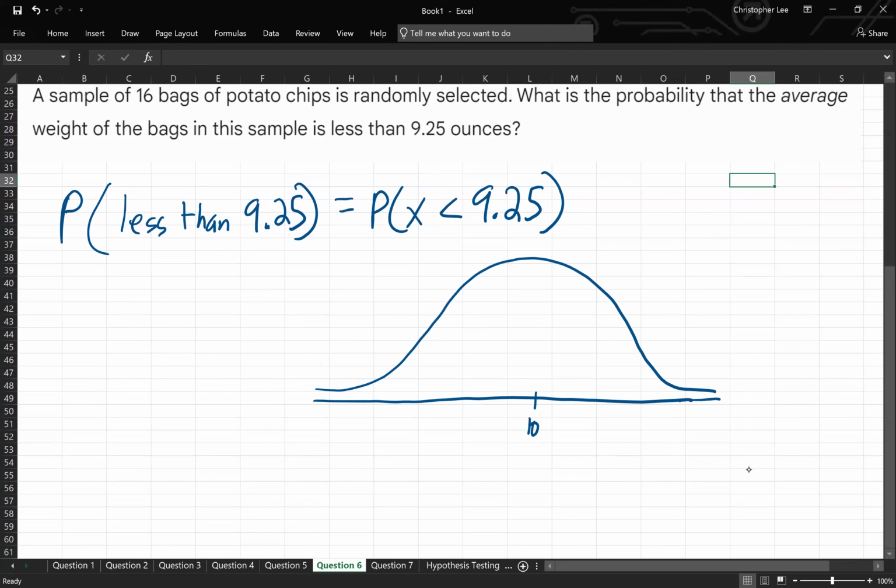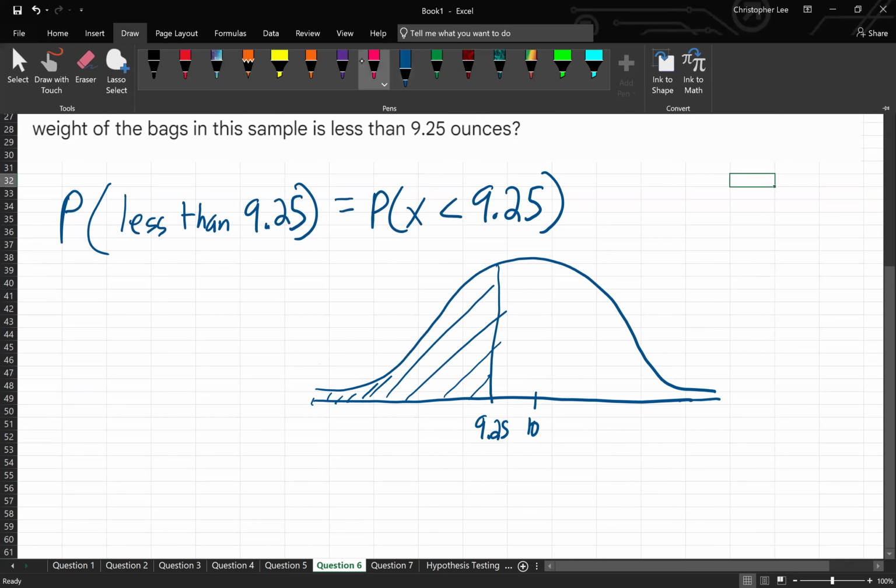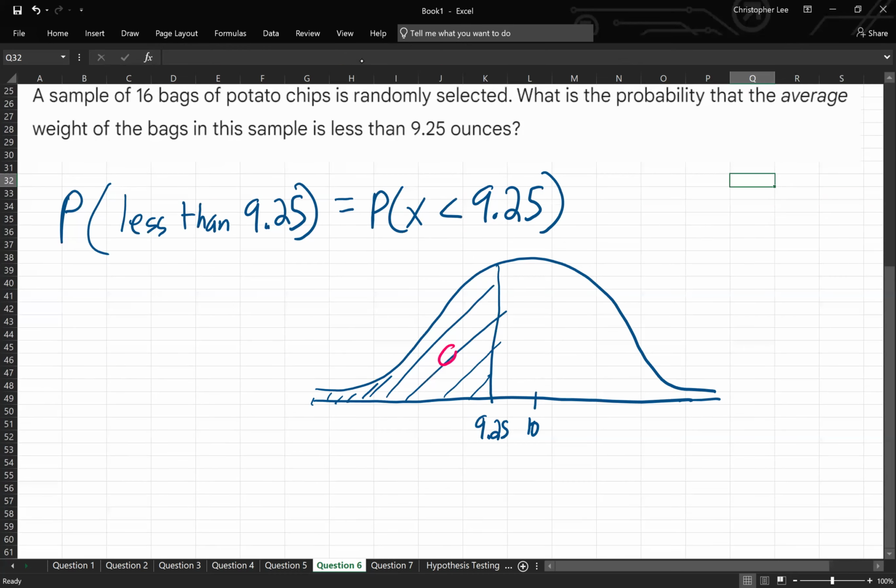And then I have 9.25. 9.25 is smaller than 10, so I know it's going to be on the left-hand side of it. 9.25 is right here. And I want the area to the left of that, right? Because I want less than.